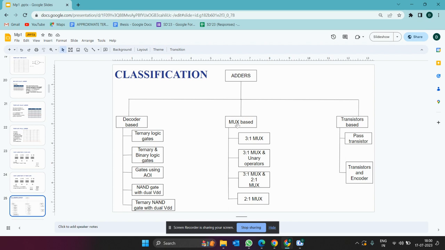Mux based has four types, that is 3 to 1 mux, 3 to 1 mux and unary operators, and 3 to 1 mux and 2 to 1 mux, and 2 to 1 mux. The transistor based has two types, pass transistors and transistors and encoders. This classification is based on our base papers. We have considered 10 to 11 base papers actually. So based on those base papers, we have classified our adders into three types.